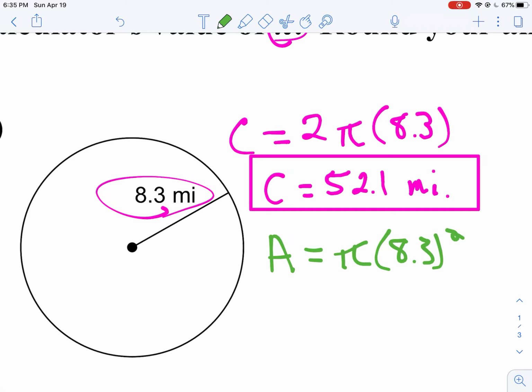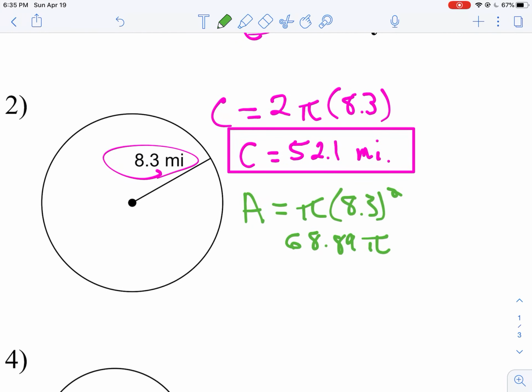Okay, so I get 68.89, and then I take that 68.89 and multiply it by pi. All right, so the area of this circle equals 216.42, which will stay the same, so 216.4 square miles, miles squared.